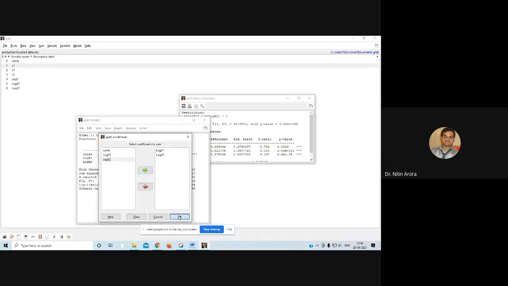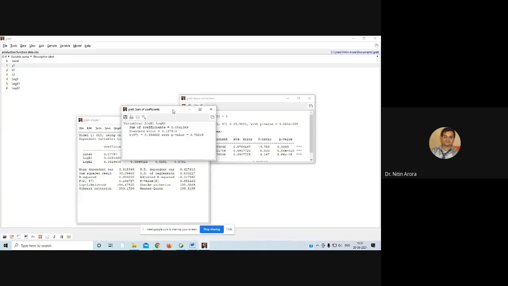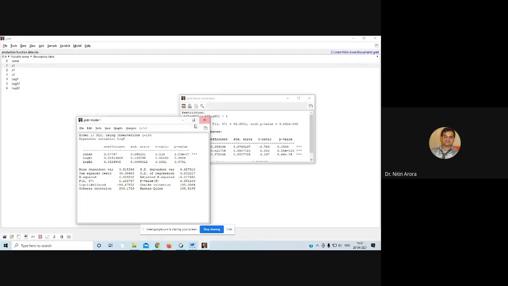The sum of the two coefficients is 0.0561, because labor's coefficient is very small and capital's coefficient is very small. So it is less than unity. Statistically insignificant we can see, and we can say that the sum is approximately 0.